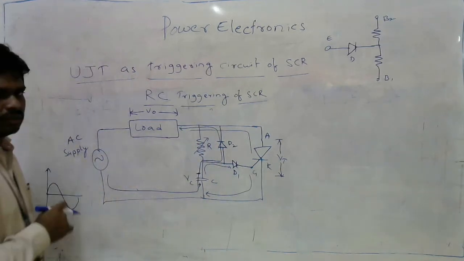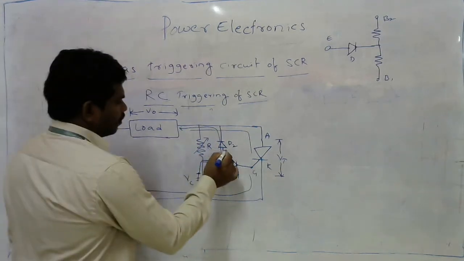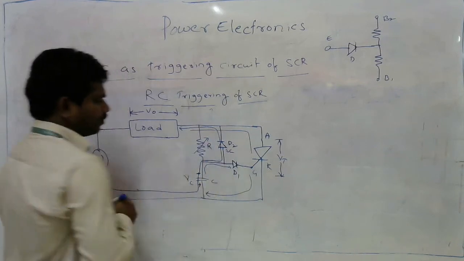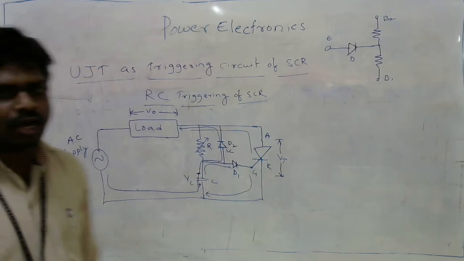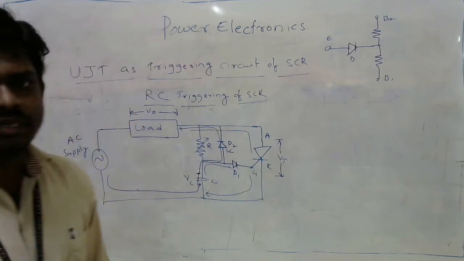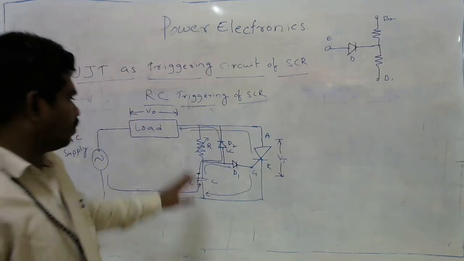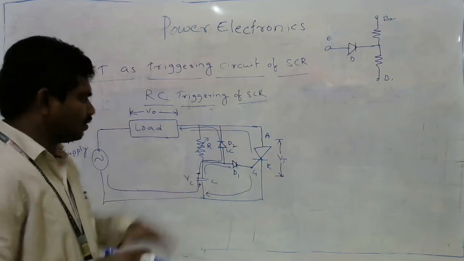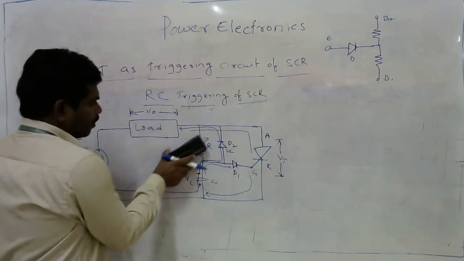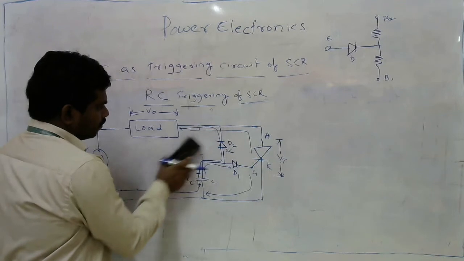Why? Because it is a short circuit path. The resistance has some value, meaning there is some opposition. That's why that current won't go through the resistance. This is going to be eliminated over here.